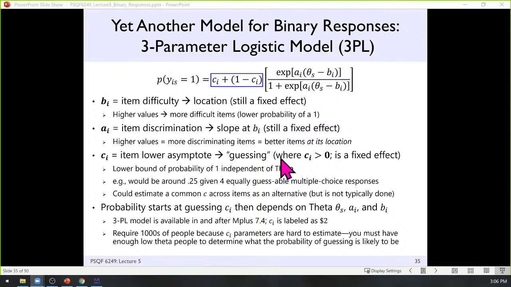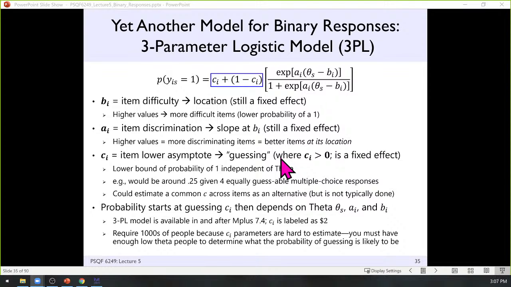So another way that items can potentially differ from each other, and this is unique to binary items, by the way, you don't see this in models for ordinal data, is a lower asymptote, which is traditionally referred to as a guessing parameter. So it is the probability of getting an item right for the lowest ability person in the history of the world. Like if you don't even have any of the trait, what's the probability you get the item right?